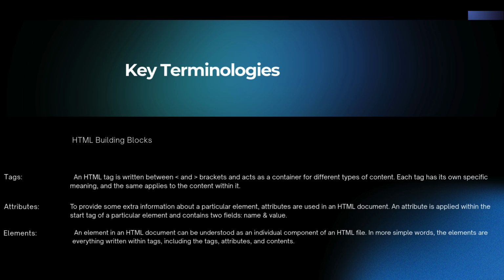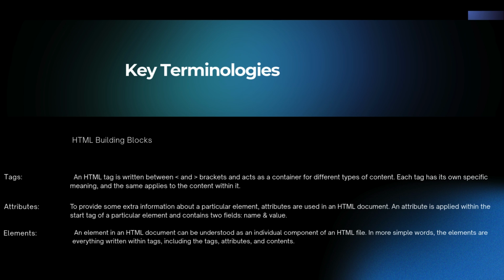We are diving deep into the terminologies which are used. Let's look at what actually makes up HTML. We cannot mention HTML without mentioning these three things: tags, attributes, and elements.